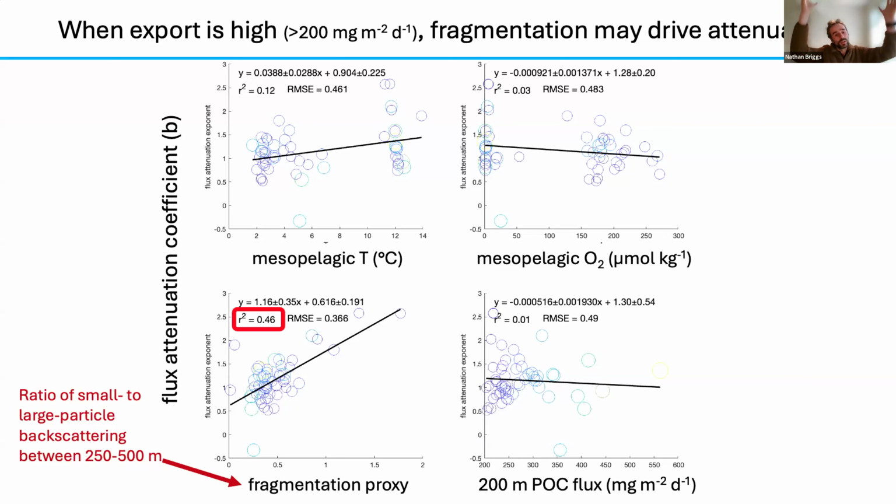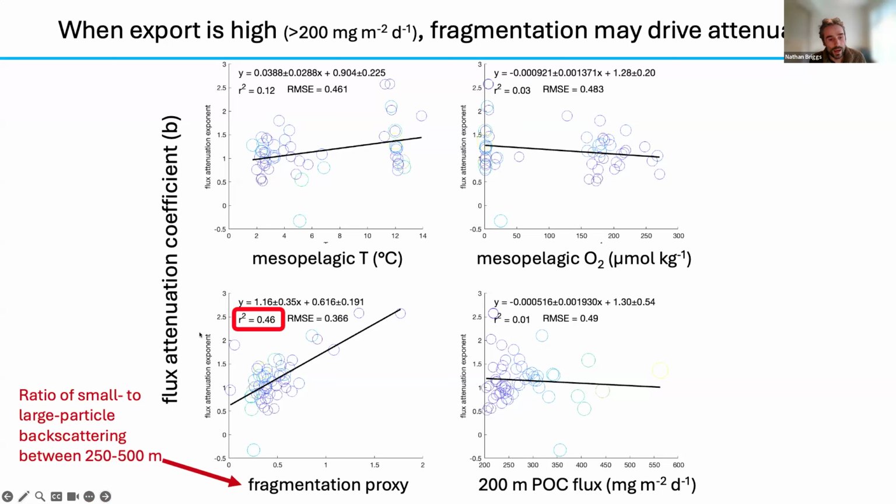So you have a bunch of large particles sinking. If they're fragmenting into small particles, they attenuate, they stop sinking, and they don't get as deep. So if you see a lot of small particles showing up during a large particle event, you're going to get this higher ratio of small to large POC, which is our fragmentation proxy.